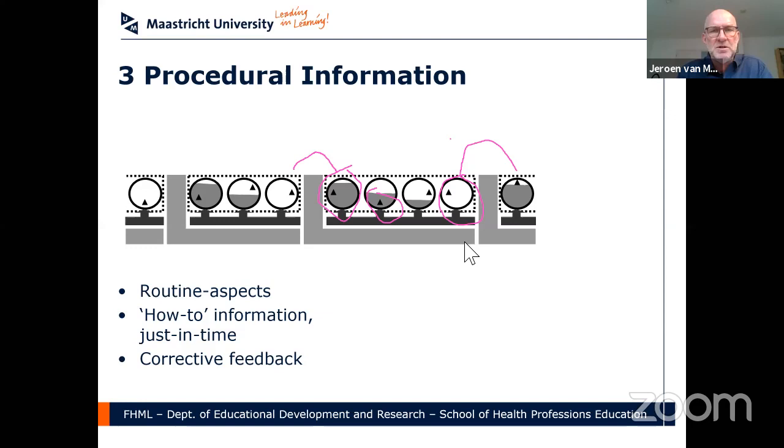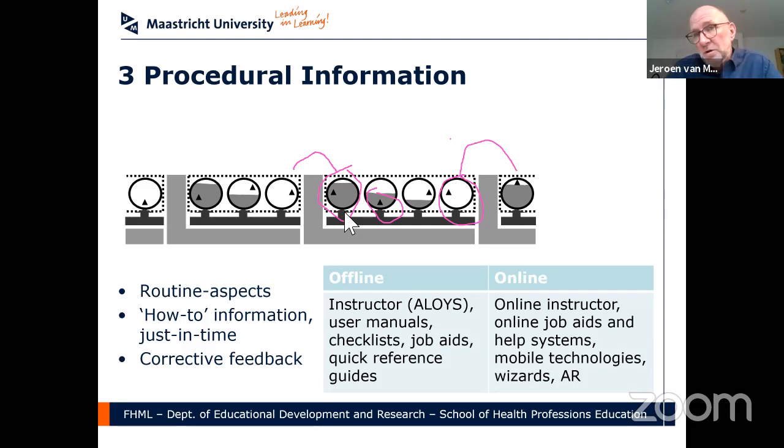And in the schematic representation, we also see that the procedural information is linked to the learning tasks. So it is presented to students when they need it while performing on the task. Well, in the traditional face-to-face environment, procedural information is typically provided by the instructor, who is acting as an assistant looking over your shoulder, but also user manuals, checklists, job aids, quick reference guides are the ways we provide information to students just in time while they are doing it.